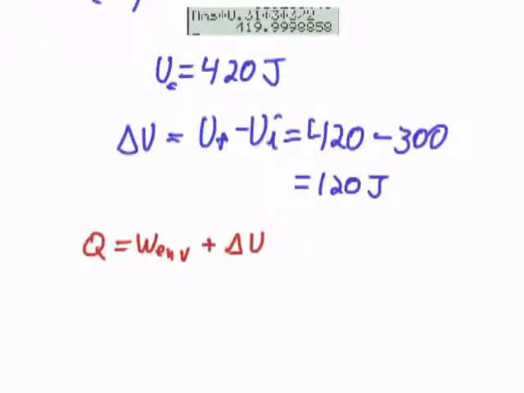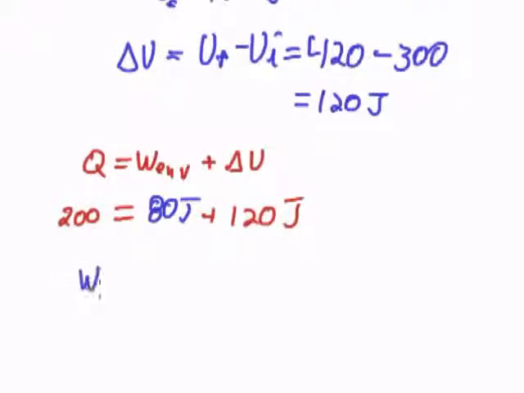So the next step is Q is work done on the environment plus delta U. So the heat added to it is 200. The delta U is 120 joules. The work done on the environment is going to be, a quick calculation gives me 80 joules. Now we can say the work done on the environment is pressure times the change in volume.